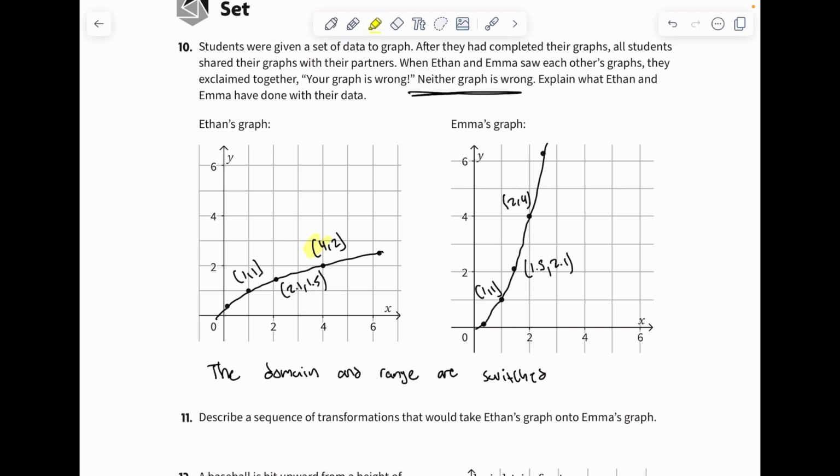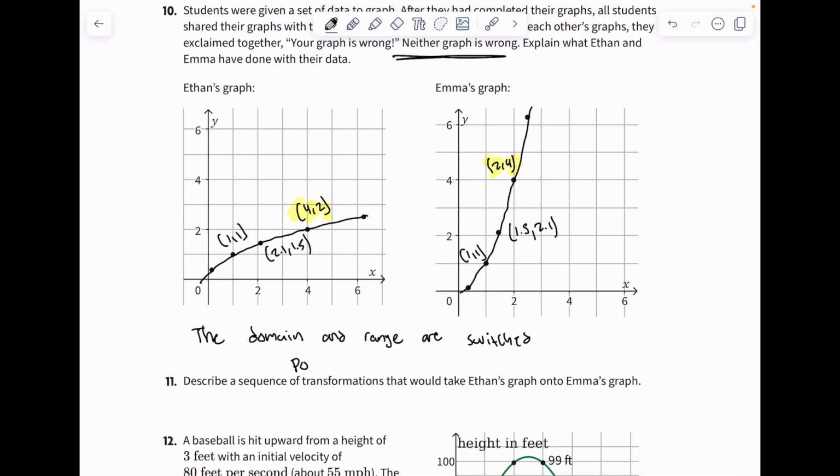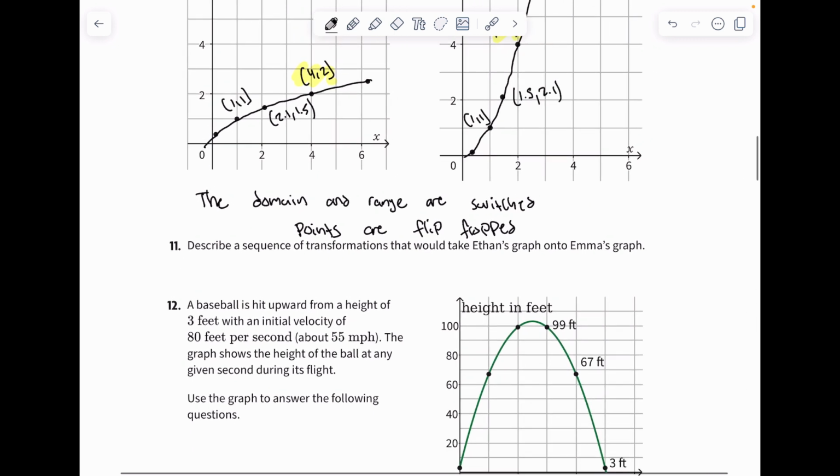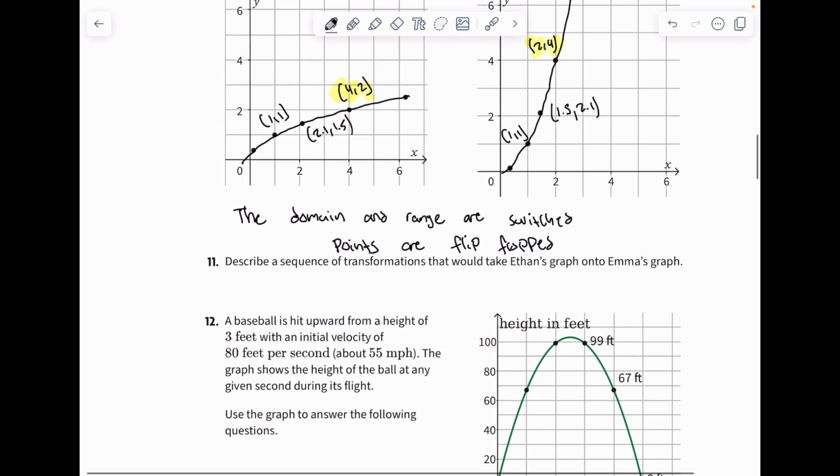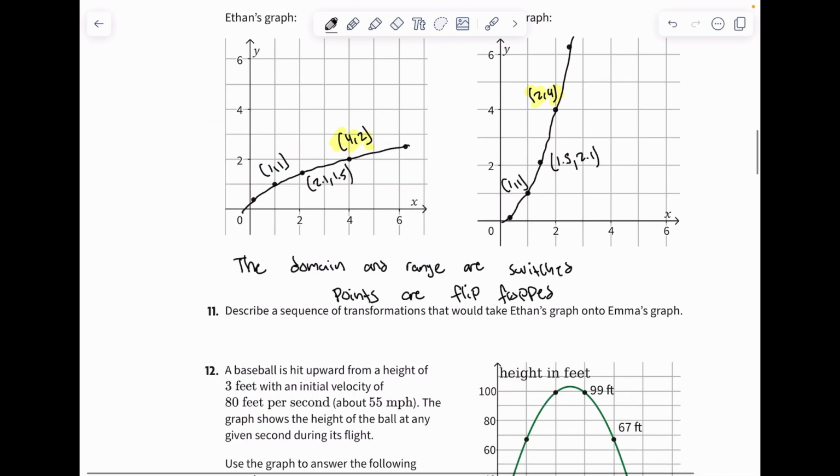We see that there's a 4, 2 here, and there's a 2, 4. So their points are flip-flopped. Now I hope you can pick up on this: when their points are flip-flopped, that essentially means that they are inverses of each other.